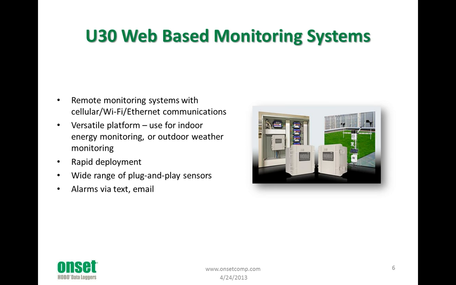It literally is, you take it into the field, you plug the sensors into it, you turn it on. It automatically starts connecting to HOBOlink, automatically offloads its data to HOBOlink. So it really is very easy to deploy. We support a wide range of plug-and-play sensors. I won't get into the list, but pretty much anything that you could want to monitor, the U30 should be able to record and log.